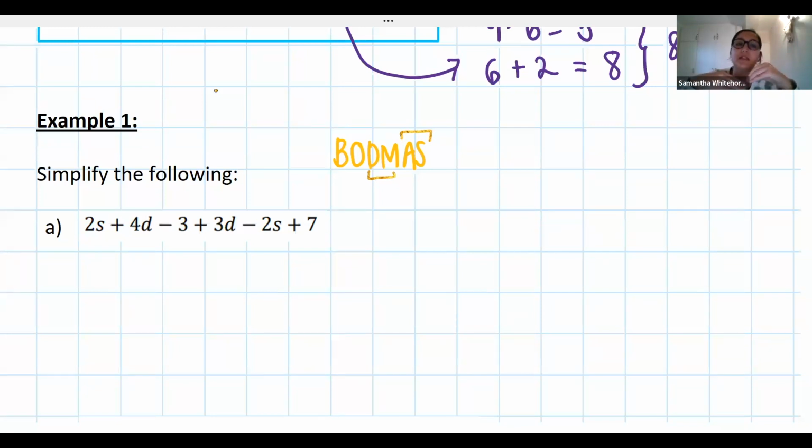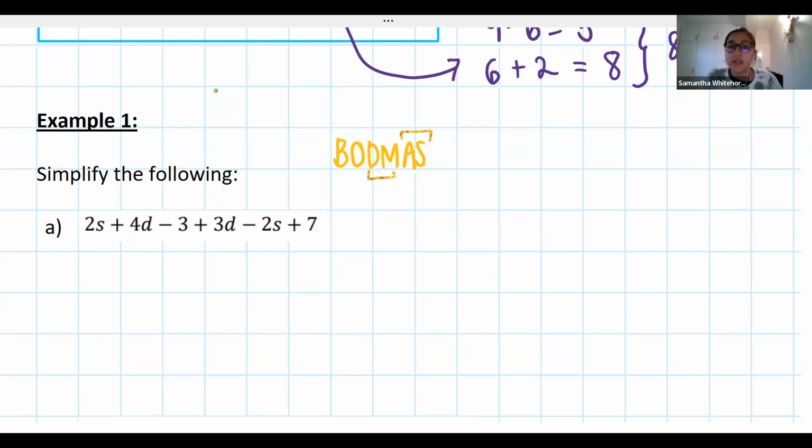And so what that means is when you have just addition or subtraction, or when you've got just division and multiplication, you do it from left to right. You don't do division first and then multiplication. You don't do addition first and then subtraction. You just work left to right with your expression and you will get your answer.